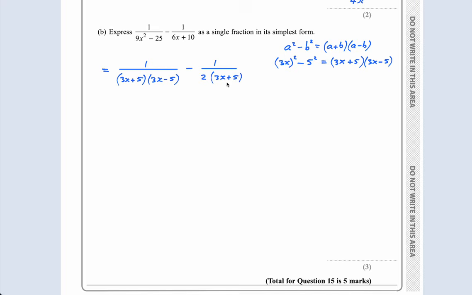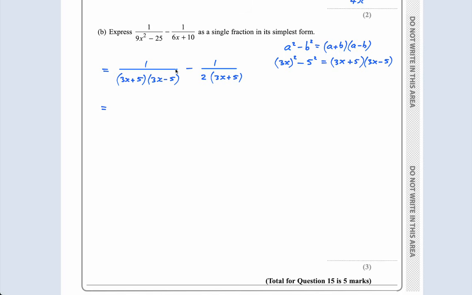Okay, now look, there's a 3x plus 5 in both terms. So what is the lowest common denominator? I need to get a denominator that all of this goes into and all of this goes into. So I have to include 3x plus 5 and 3x minus 5.